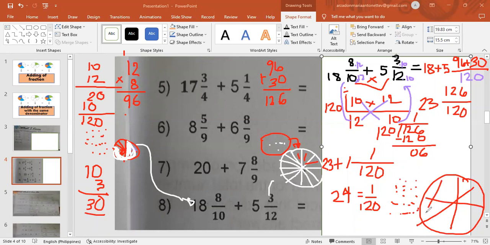Oh, imagine there's 120 parts of pizza here. With a big pizza. You have a big pizza. Imagine that's 120 parts, and only one is shaded here. Meaning that 120 parts of pizza, it's not still complete because one is missing. Right? So that is our illustration.